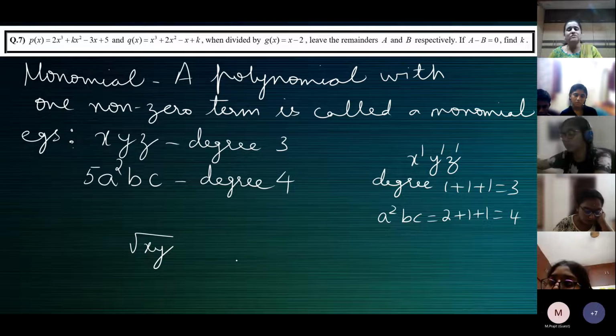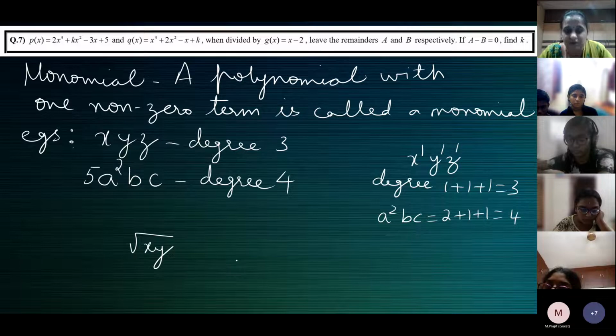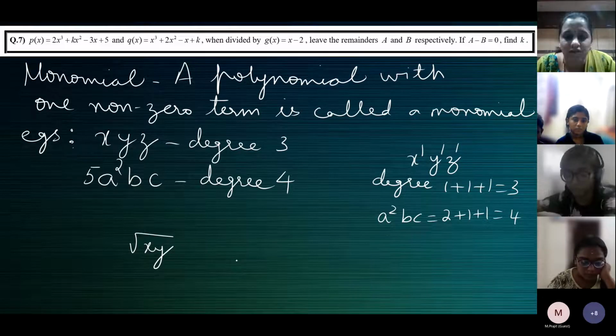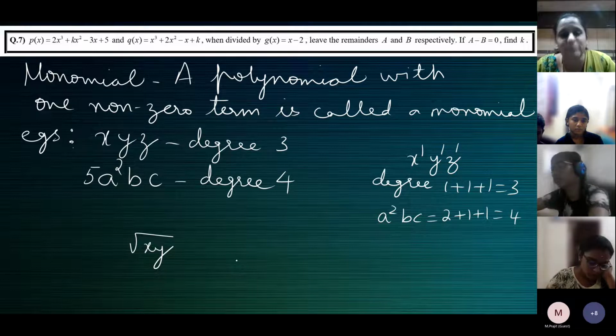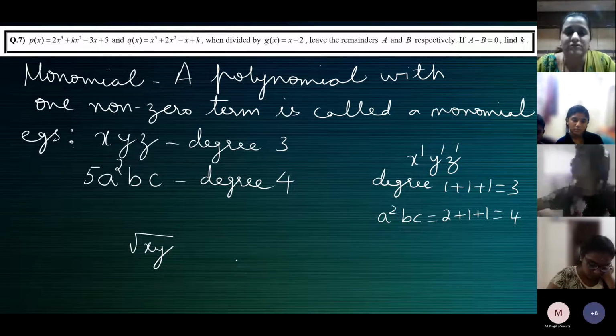You must have got all this from the videos, children. It's very clear in the videos that a polynomial is an algebraic expression in which the variables involved have only non-negative integral powers.